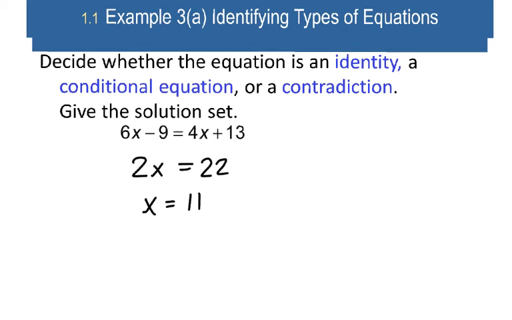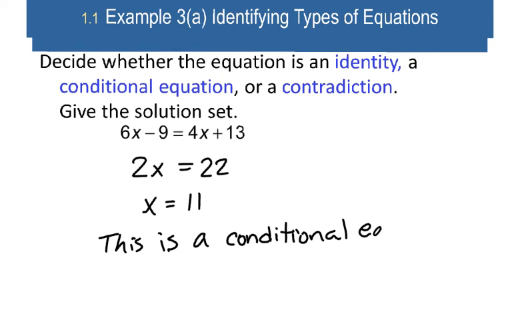So state that this is a conditional equation. And then it says give the solution set. So the solution set is what x is equal to, 11. There we have it.